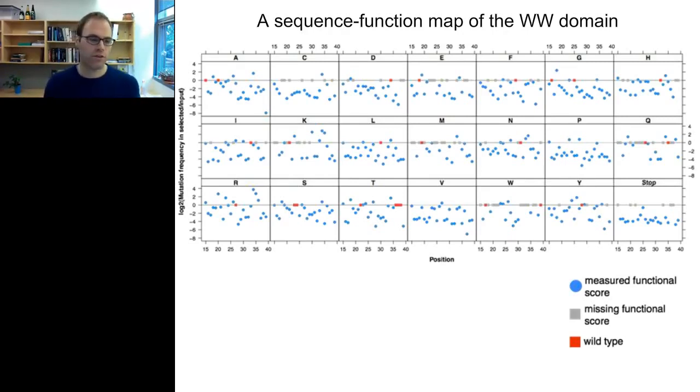So this is a visual way to see exactly what the effects of most of the mutations you could make in this domain are. And there's an interesting biochemistry story here, and so on. But in any case, we and others have shown that this type of data, if you set up the experiment right, correlates very nicely with measures of the protein activity that are developed using traditional biochemical methods.